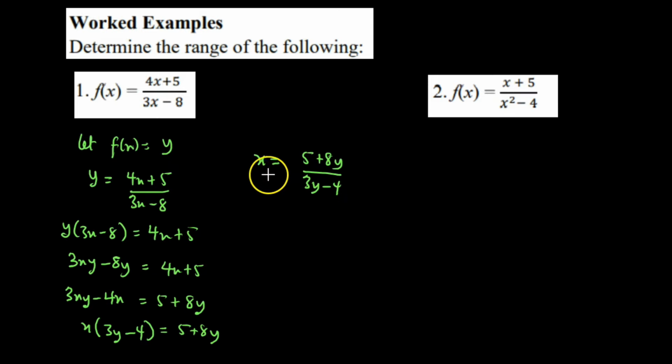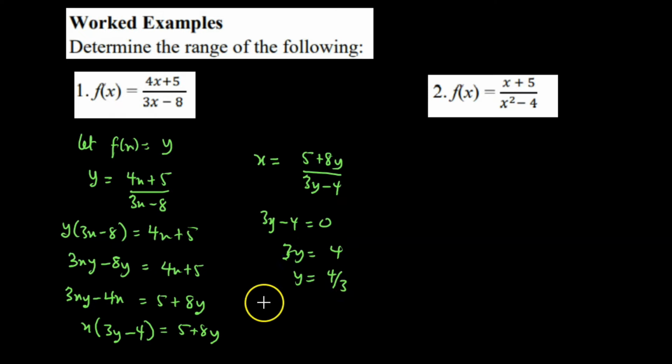Then we can go ahead and state the domain of this inverse. And in stating the domain, remember we have to consider the denominator. So picking 3y minus 4, equating it to 0, we get 3y equal to 4, and dividing both sides by 3, y will be equal to 4 on 3.